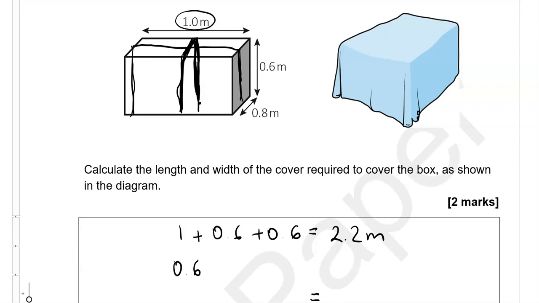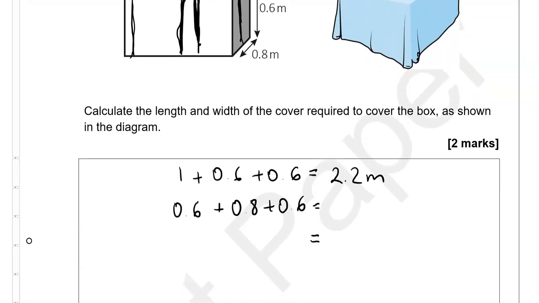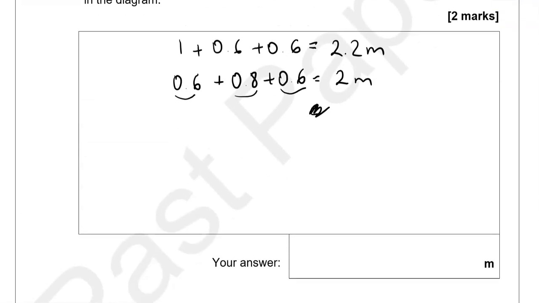So 0.6 plus 0.8 plus 0.6. 0.6 and 0.6 gives us 1.2. Add 0.8 gives us exactly 2 meters. So these are the dimensions, the length and width.